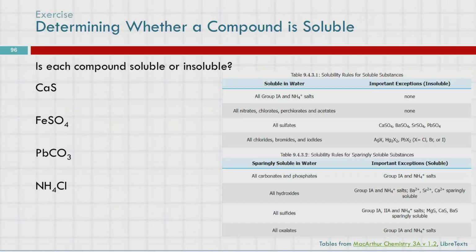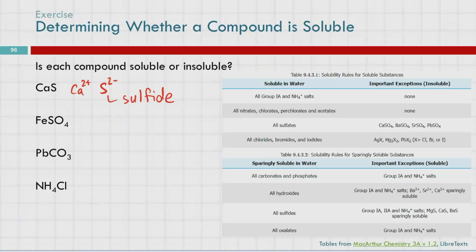So CaS, we've got calcium, we've got sulfur. Those would be calcium 2+, sulfur 2-. We would call that sulfide. So we're going to look through the left column to see if we find either of these.